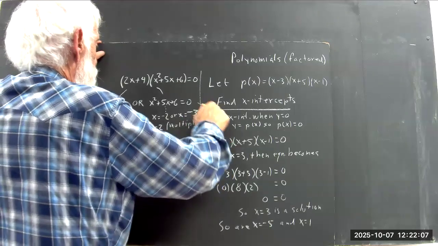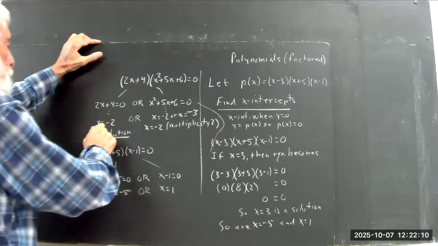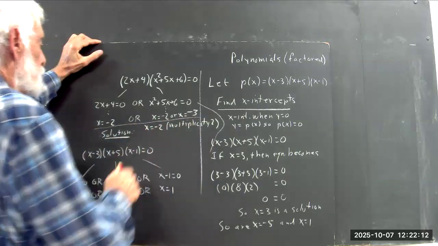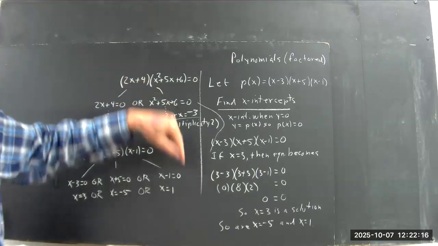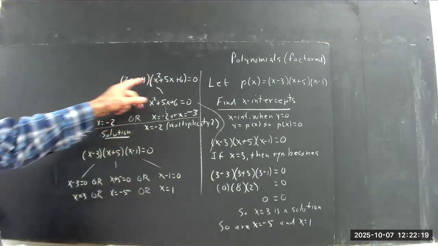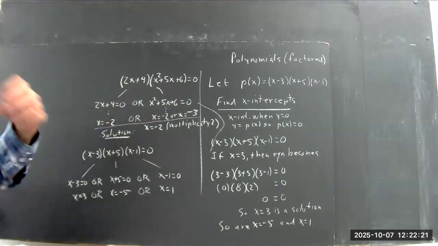Now, when I write the solution out, I'm going to say x equals -2, multiplicity 2, because it occurs here and it occurs here. It makes this 0 and it makes this 0, and that's going to be really important.